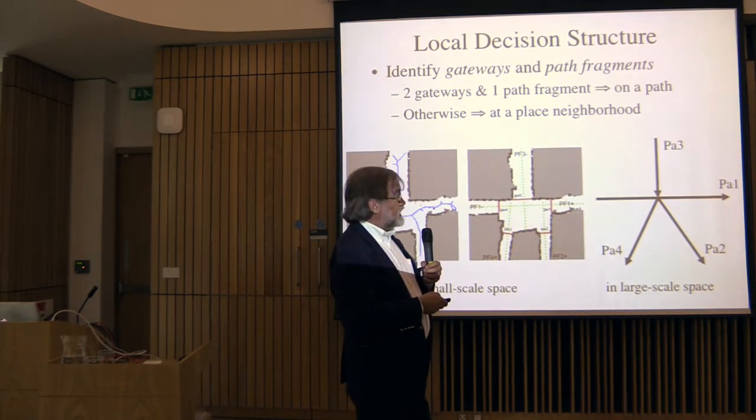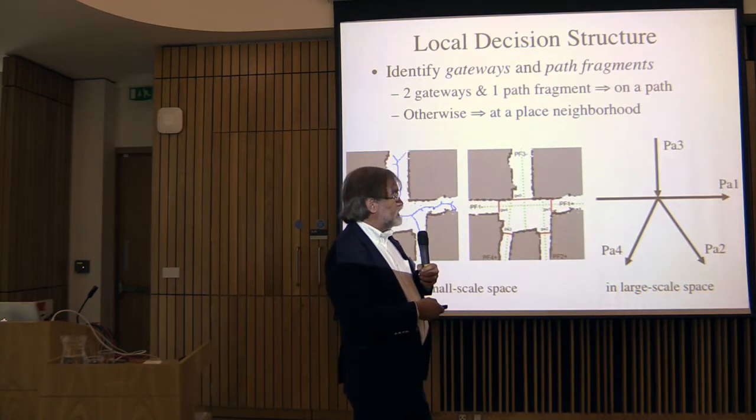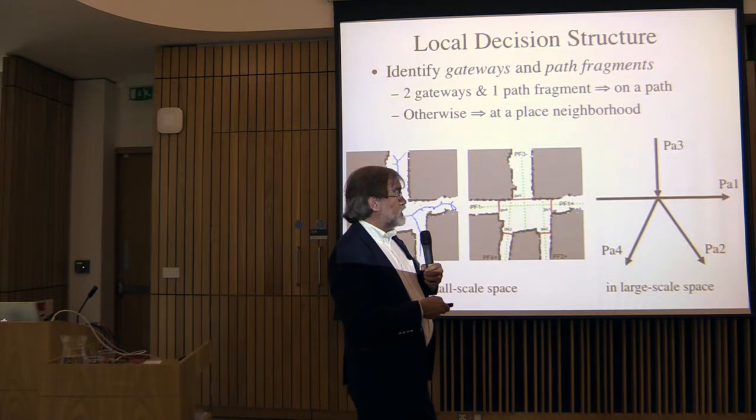It looks to identify situations when the path fragments align, so that it says these two path fragments here are part of the same path that passes through this place. Whereas this could potentially connect to this one, but it has another option, and so the choice isn't unique. So these three path fragments are considered to stop or start at that place.